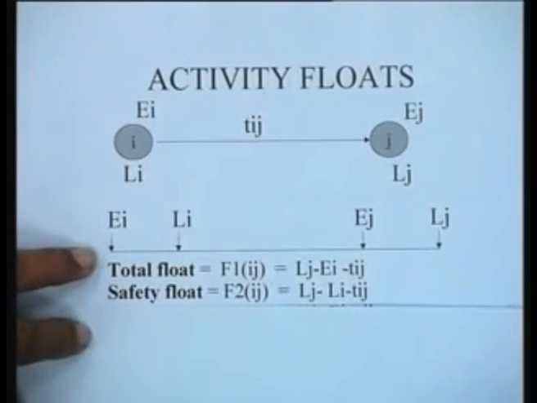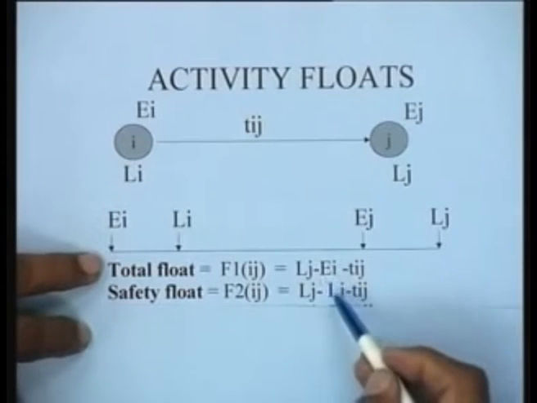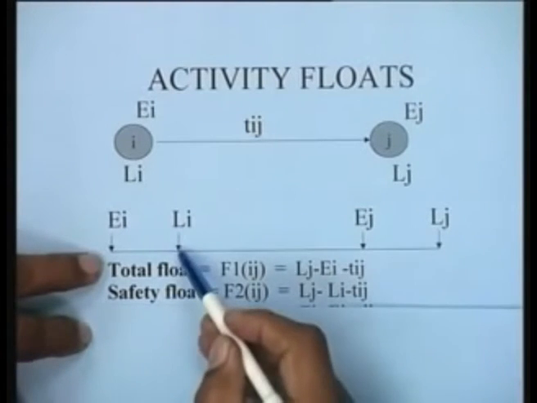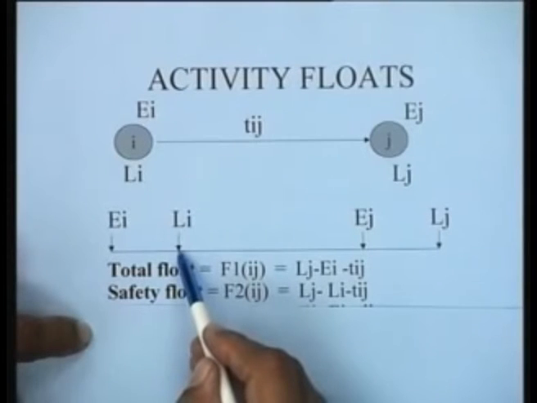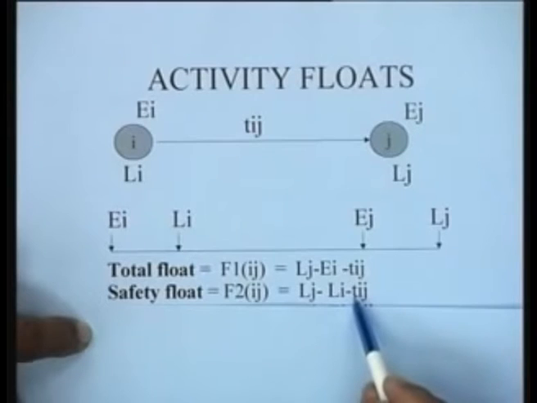Similarly, the safety float is nothing but Lj minus Li minus Tij, rather than Ei, because what the safety float assumes is that the predecessor activities have utilized their float and you are reaching this particular point at the latest time. So, this is defined as Lj minus Li minus Tij.